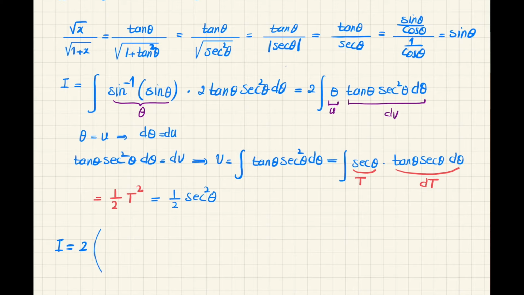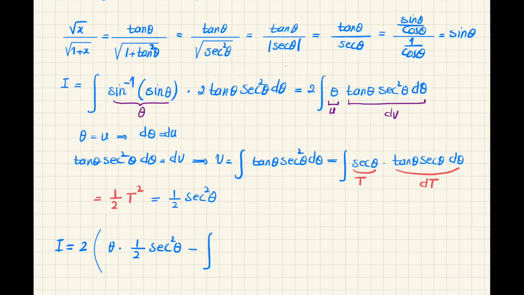So the integral of u dv is equal to u times v, which is theta times 1 over 2 secant squared theta, and then minus the integral of v times du.